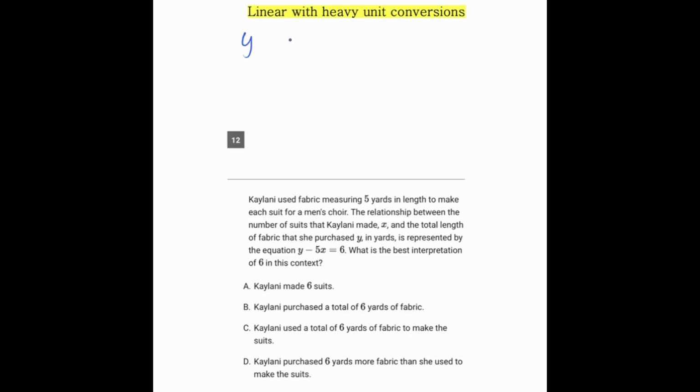So let's say we start with y minus 5x equals 6. And let's just remember that any number is really itself over 1. And we know that the fabric for each suit is 5 yards in length to make each suit. And so the 5 is the number of yards per suit.